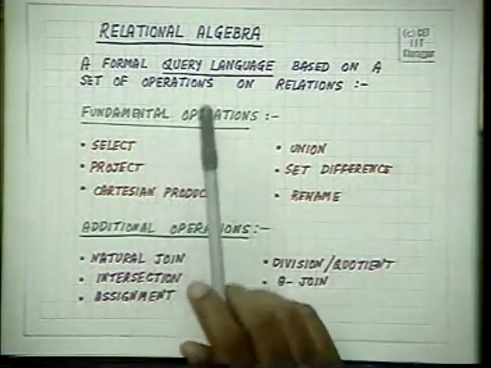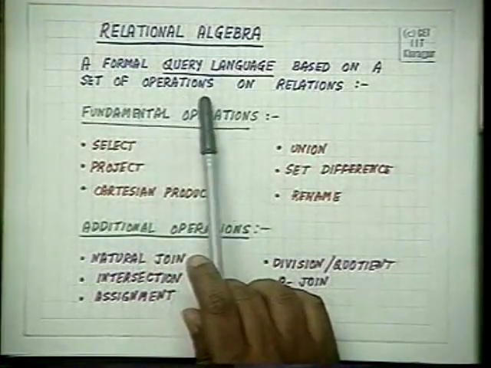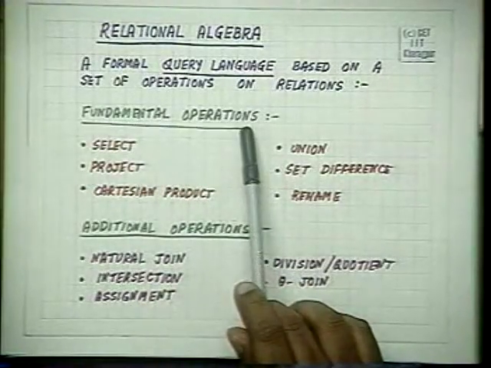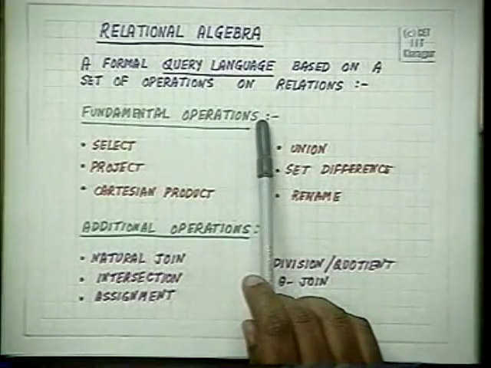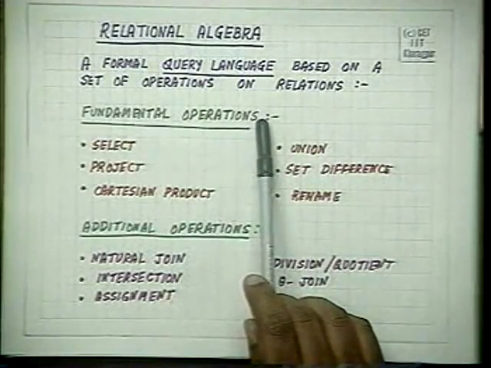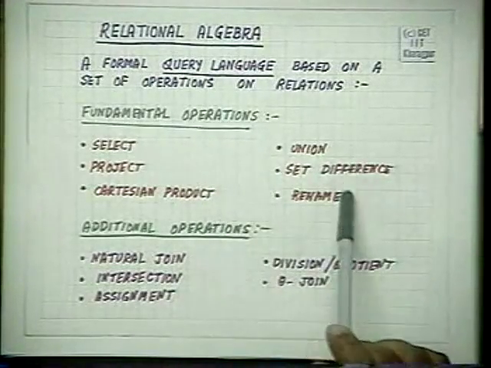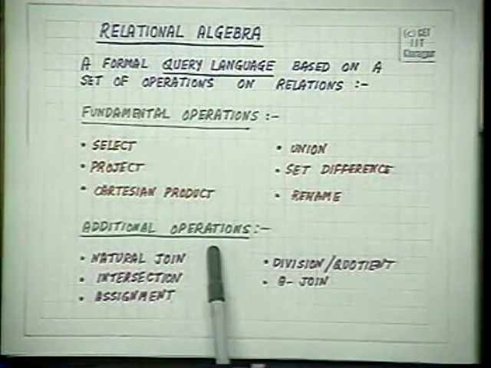In the relational algebra, we have got a set of operations, and a set of fundamental operations are defined on the relational algebra. These fundamental operations are predefined relations defined using set theory concepts. We have got some additional operations as well.